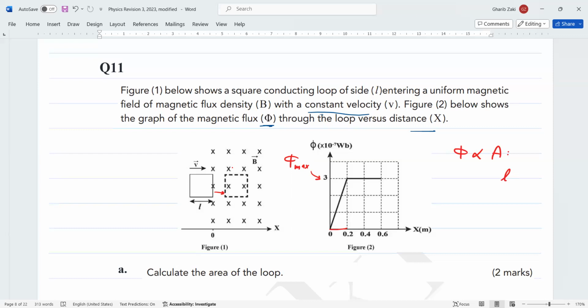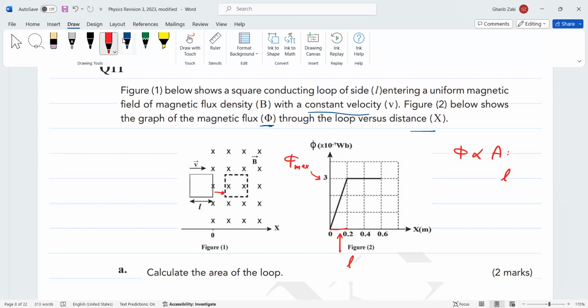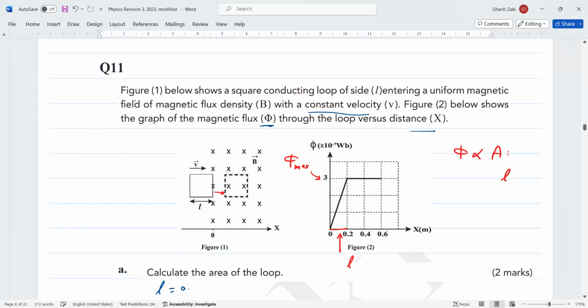Now, 0.2 is the length of the side, so this is when the square is entering, L from 0 to 0.2. So the length of the side of the square L equals 0.2, the unit is meter. We need the area. So the area equals the side squared. It is 0.2 squared, which is 0.04 meter squared. Okay, this is part A.